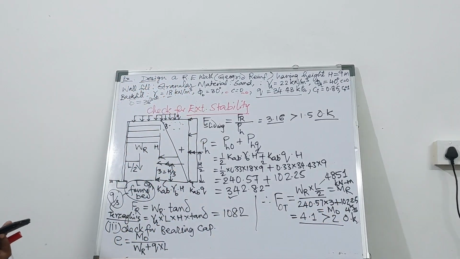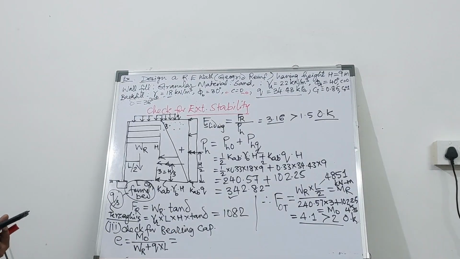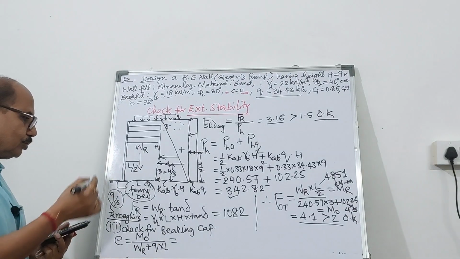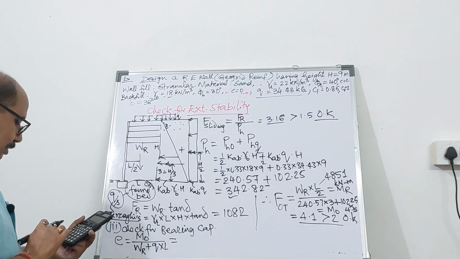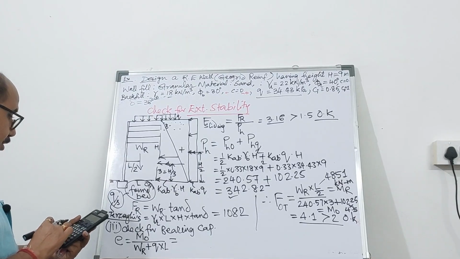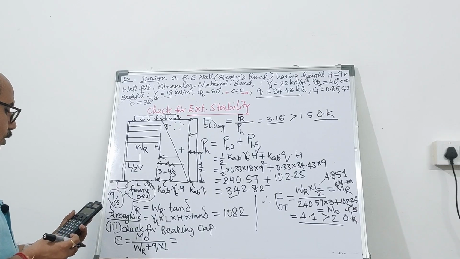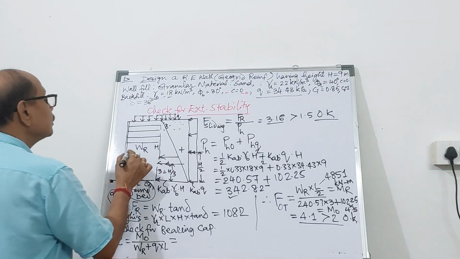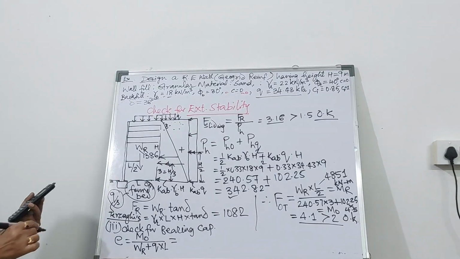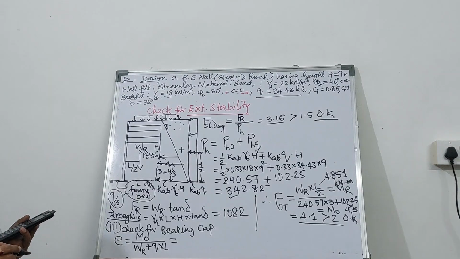The value of eccentricity can be easily calculated. WR is also known to you. So what is the value of WR? 22 multiplied by 7 multiplied by 9, 1386 kilonewton. And WR is there. Q is already known, L is known.